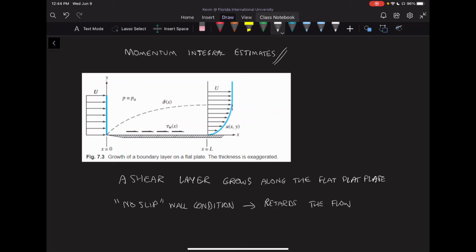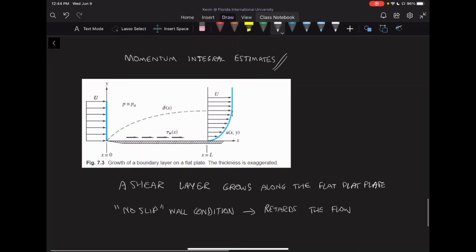Okay, we can also see in this diagram that at x equals 0, we actually have a velocity profile that is perfectly straight. We have capital U everywhere. Okay, so here on the left, capital U is coming in straight. And we see as we go along the flow, again, this is exaggerated, we start getting this profile of velocity that is lower than our free stream velocity due to that shear stress happening.